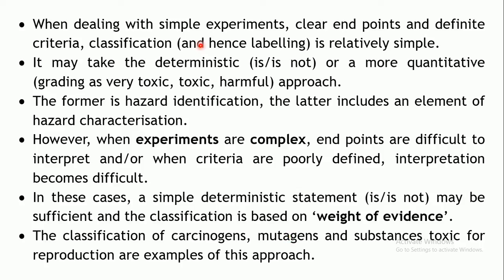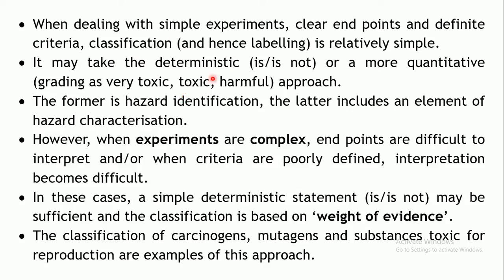Now when you are dealing with simple experiments wherein the endpoints are very clear, when the adverse effects are easily observable, you can categorize and classify such chemicals very easily. For example, if you carry out certain studies which are deterministic, or sometimes a more quantitative approach is seen, that is grading of certain chemicals as very toxic or harmful.